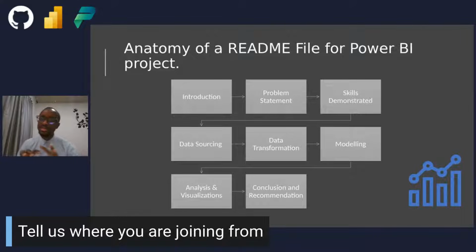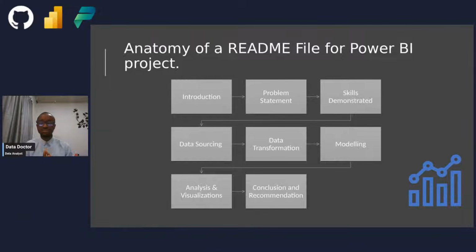Now, in that file, just like a formal letter or informal letter, there should be an anatomy, there should be a structure. You are a data analyst and you should be one of the most organized. So the anatomy of a README file for a Power BI project: how are you going to structure your documentation?